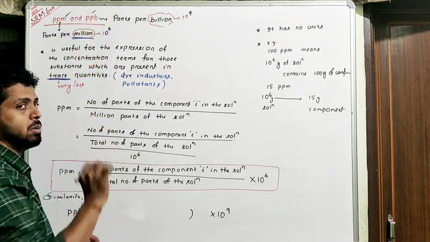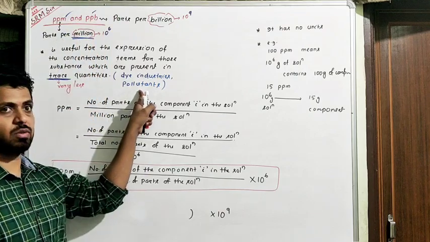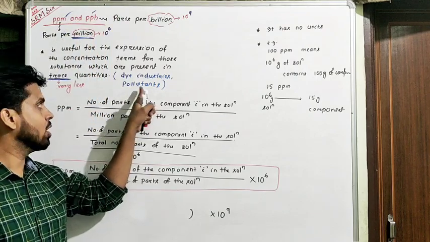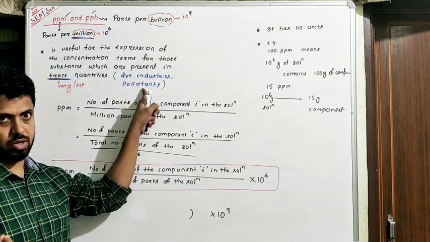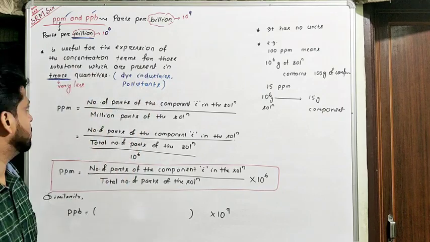Either ppm or ppb. So for the expression of the concentration of a pollutant or of a color solution, we use ppm or ppb.